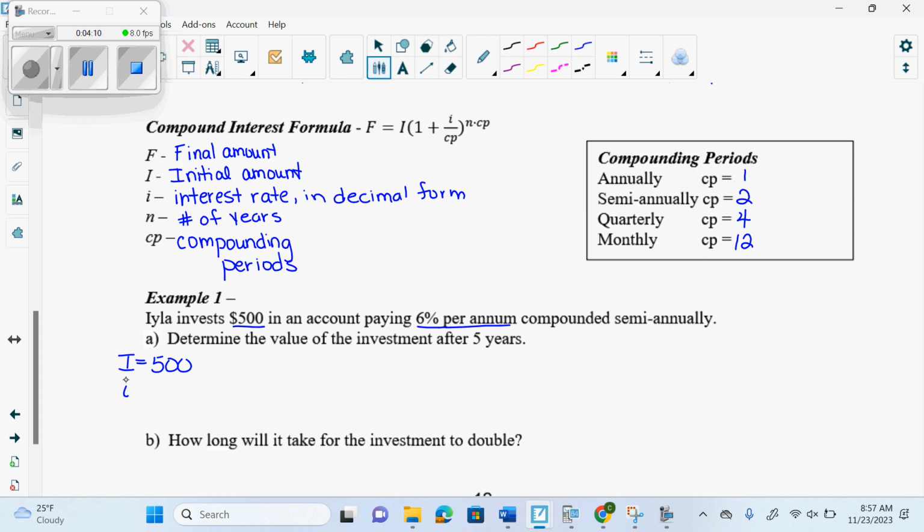So my little i is what? Not 6, but 0.06. Compounded semi-annually. What's my CP? 2, which makes sense. I'm going to take my interest rate and divide it by 2. Then every compounding period I'm making 3%, correct? And then I multiply my n by 2 to get the total number of compounding periods.